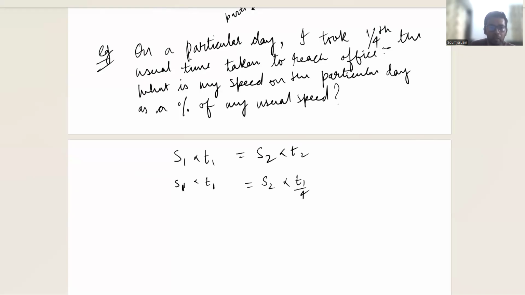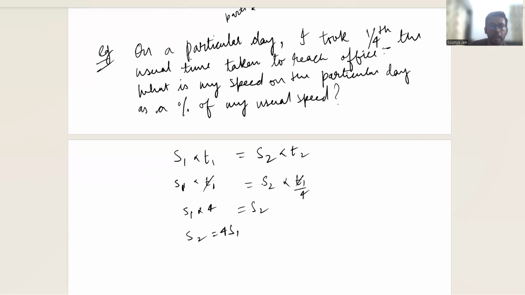Simplifying, T1 gets cancelled out, so S1 into 4 equals S2. So we get S2 equals 4 S1. This tells us that on that particular day, my speed was 4 times my usual speed.